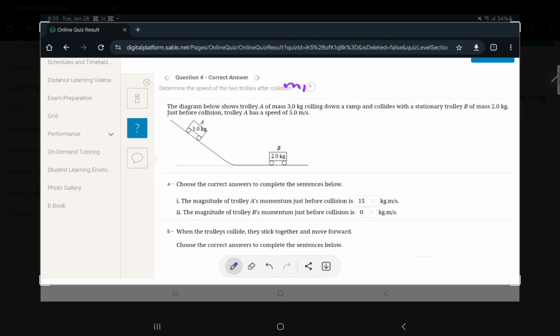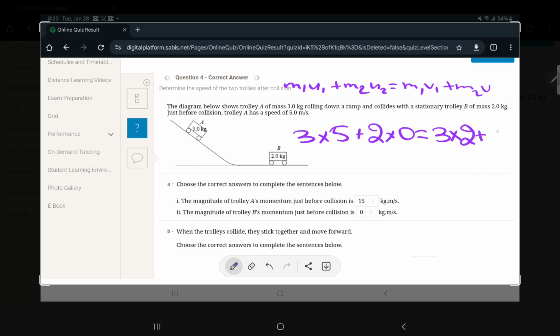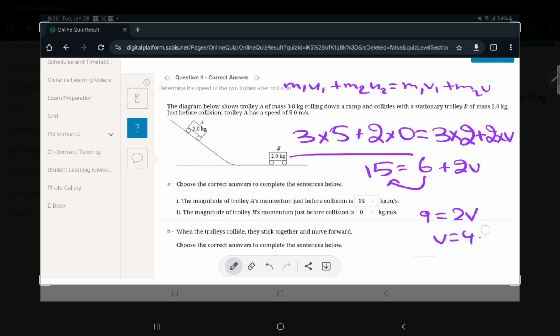So we use m1u1 plus m2u2 is equal to m1v1 plus m2v2. 3 times 5 plus 2 times 0 is equal to 3 times 2 plus 2 times v. You add these together, you get 15 is equal to 6 plus 2v. Move this to the other side, you get 9 is equal to 2v, and v is equal to 4.5 meters per second.